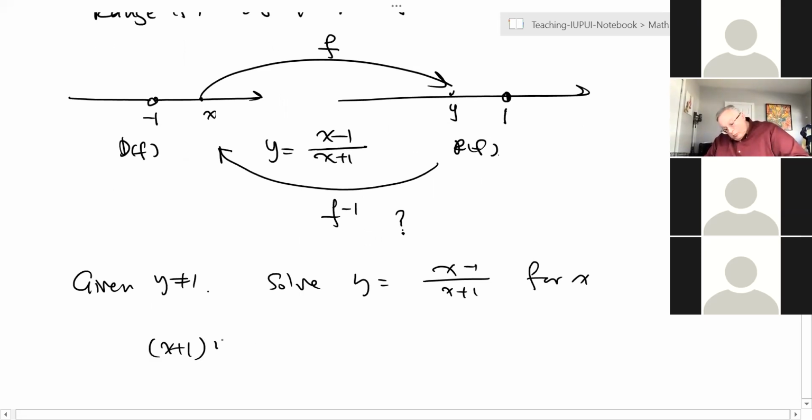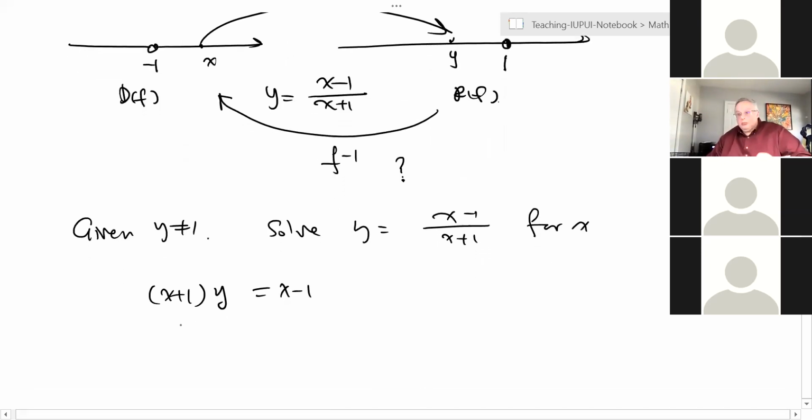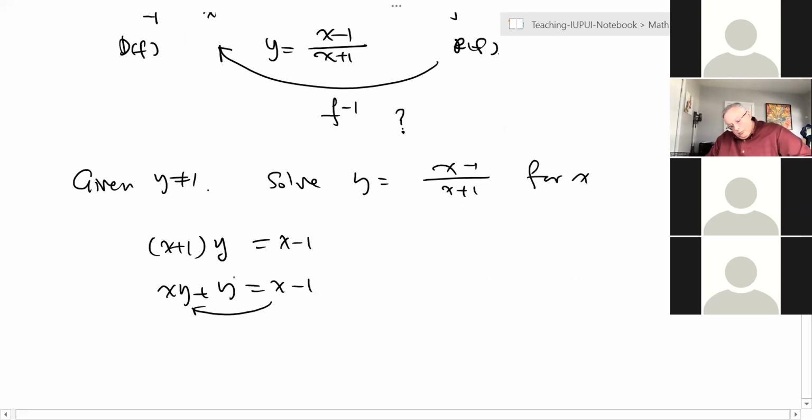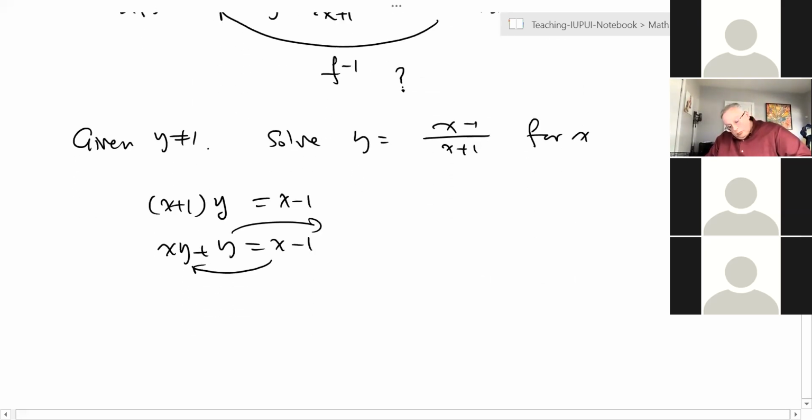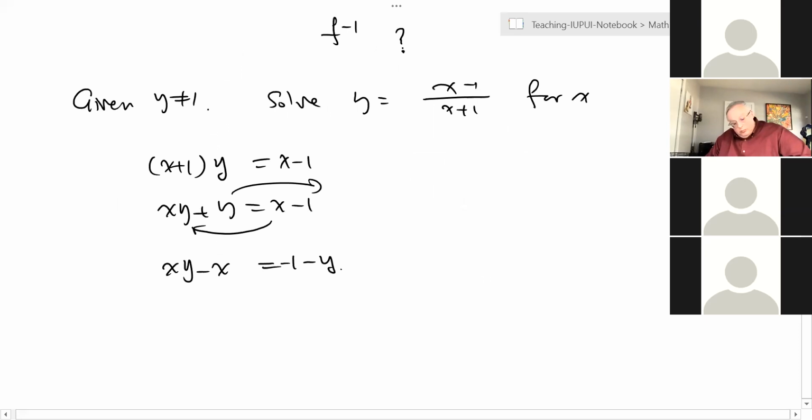x plus 1 times y equals x minus 1, okay? Then I'm looking for x, so I need to move this to there and this to the other side. So I get x times y minus x equals negative 1 minus y, okay? Then I have to factor x out.